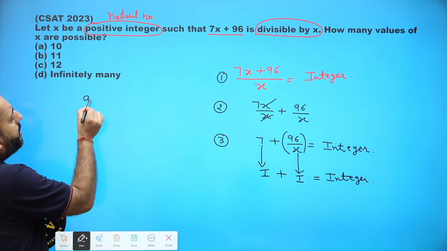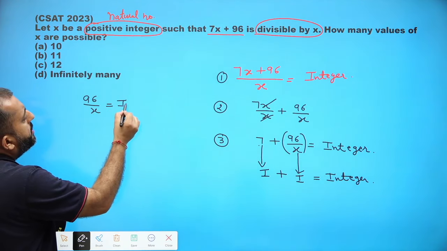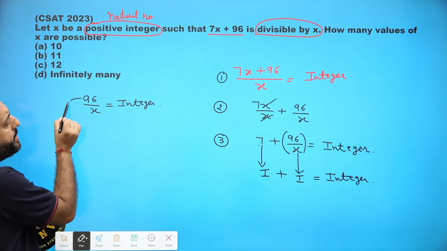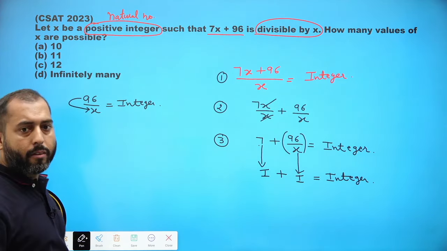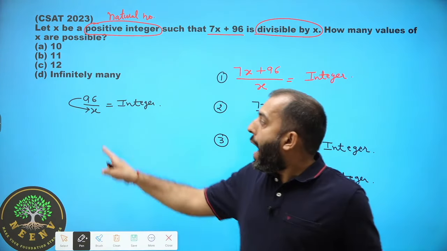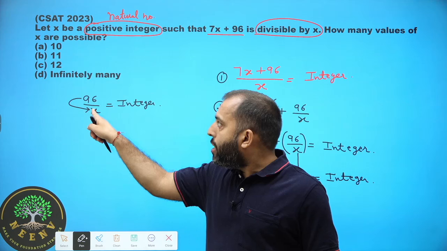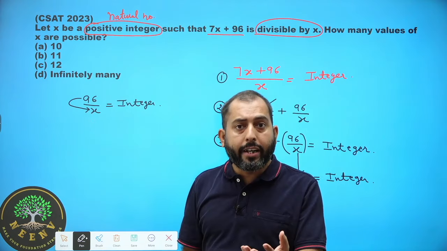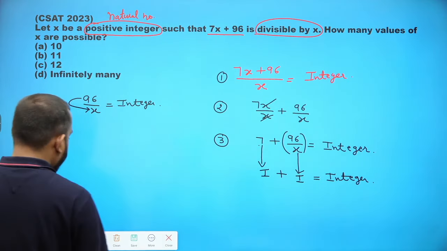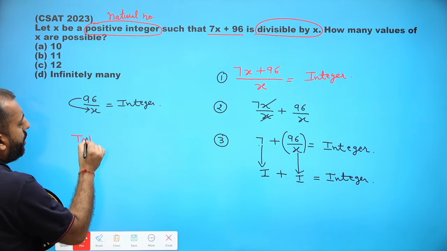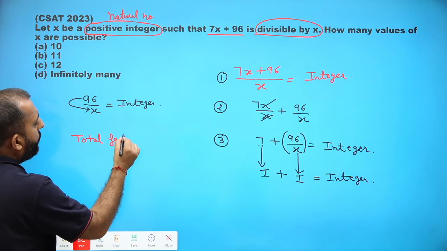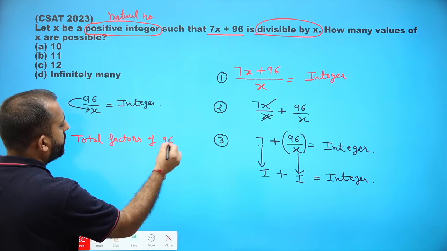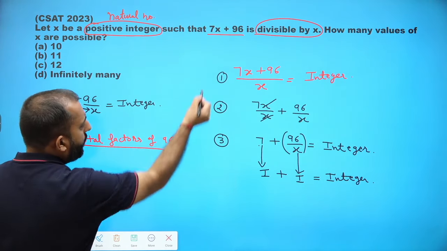So if I want 96 upon x to be an integer, it is only possible when 96 is completely divisible by x. It means x should be such a number that will divide 96 completely, which means x should be a factor of 96. So let's count total factors of 96.